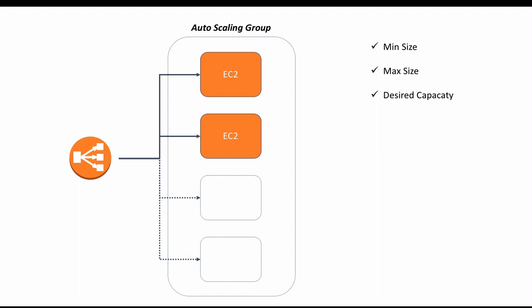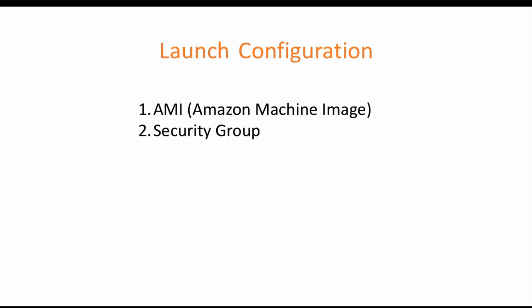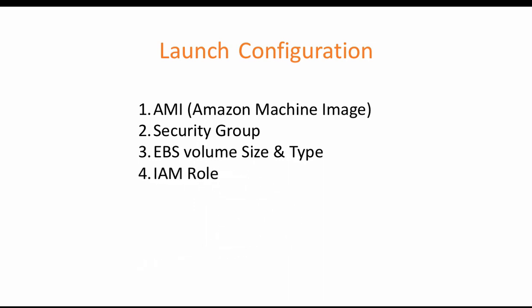And in our case, this launch configuration is going to have certain details like this. This configuration will contain the AMI details, Amazon machine image, that needs to be used for launching new instance. We also need to specify the security groups. Then we have to mention what should be the volume type and what should be the volume size of that new instance. Even IAM role: sometimes your EC2 is talking to, let's say, S3.